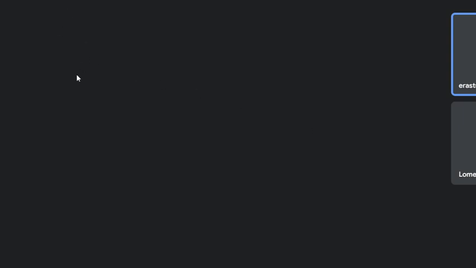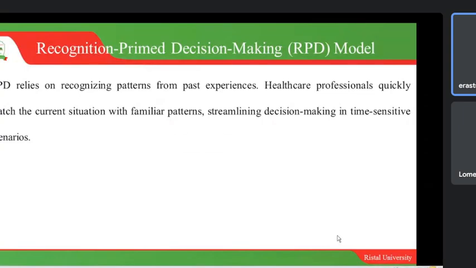So if we do not have time, we can use the intuitive model, or we can use this one, the recognition primed decision model. This one is going to focus on patterns from past experiences. Could we be having similar scenarios to those that have been presented to us in terms of a healthcare issue?